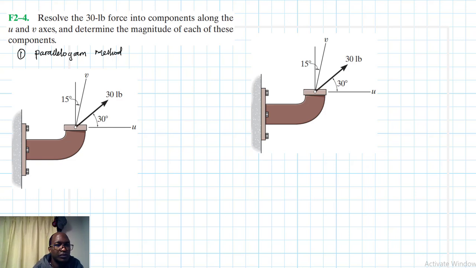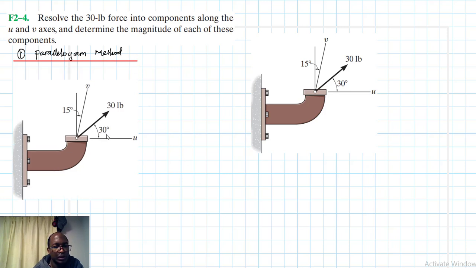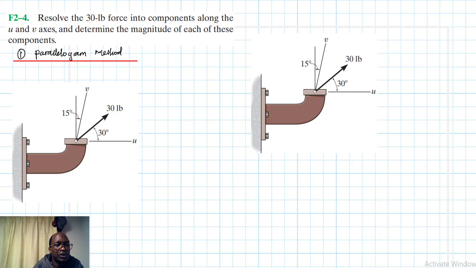So what we are going to do is say let F1 be equal to V, and let F2 be equal to U, and then let this be our resultant.